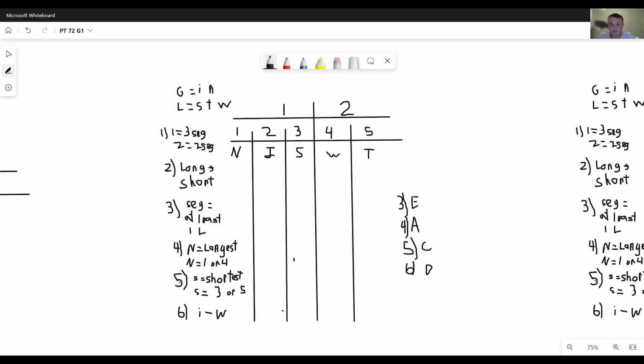Answer choice C, I looked at national, international, weather. Sports is always the shortest, so sports cannot be the first within that second segment. So I eliminated that one because it violated the rule.